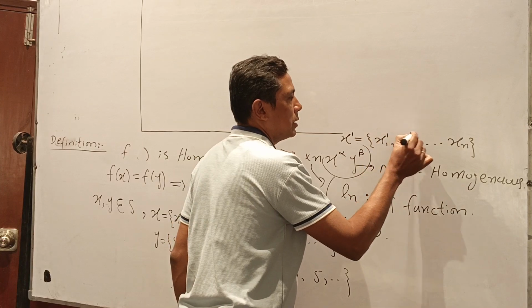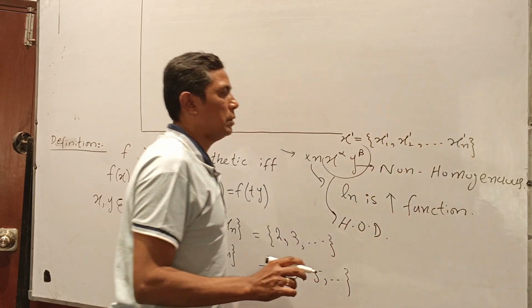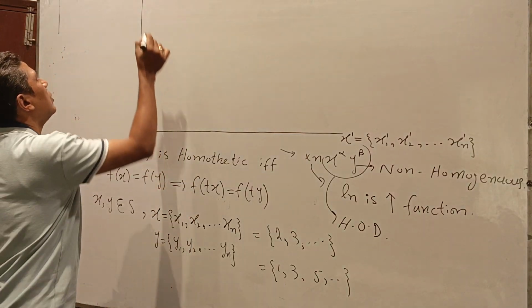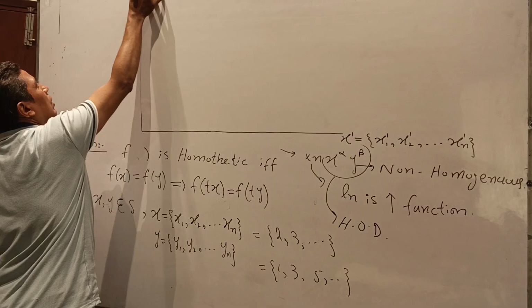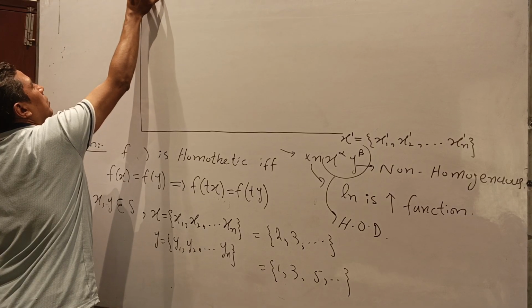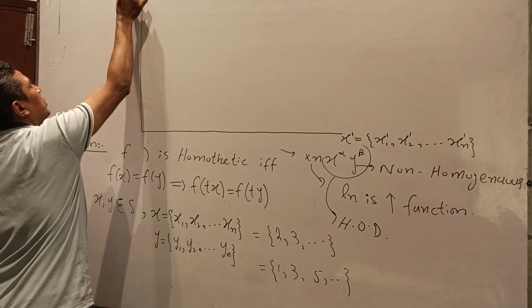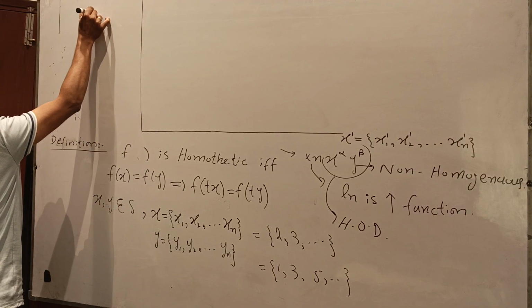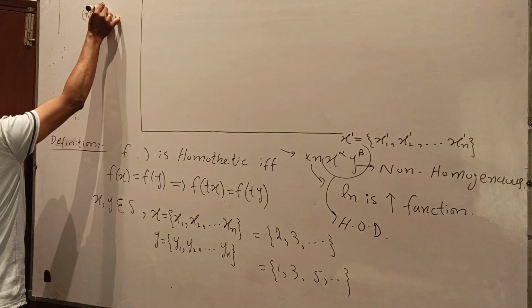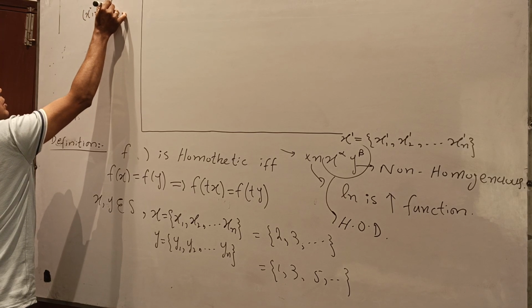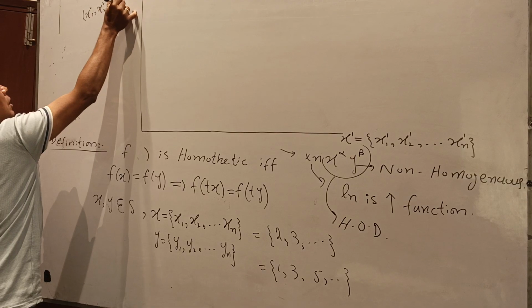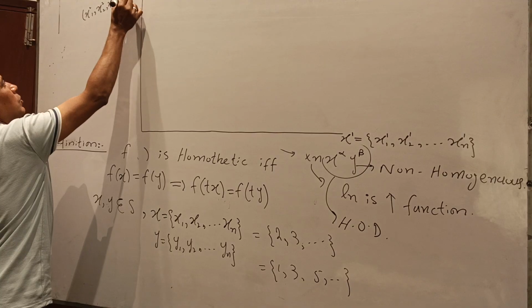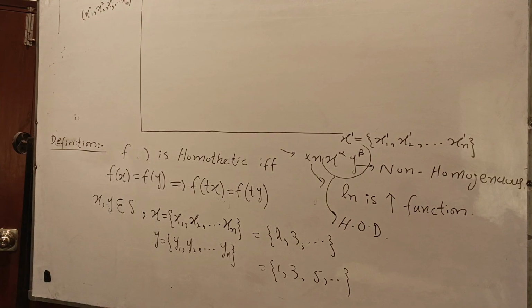Clear? And this is called your x2 commodity vector, right? So we can write this one x21, x22, x23 and xn3. Clear? ऐसे ही होगा commodity vectors.